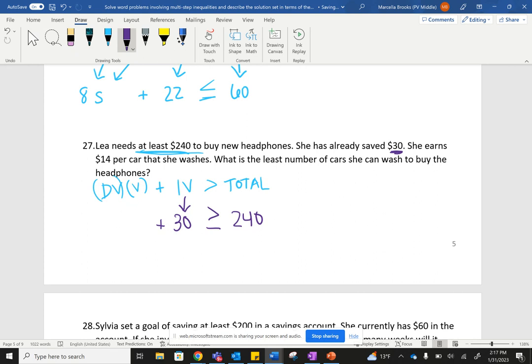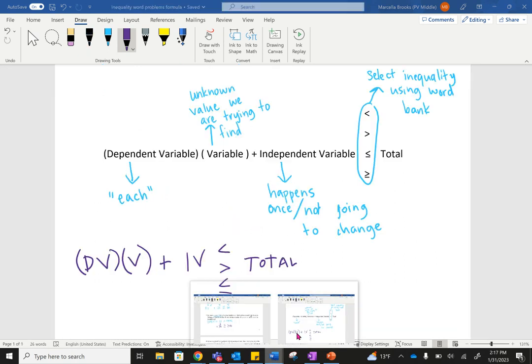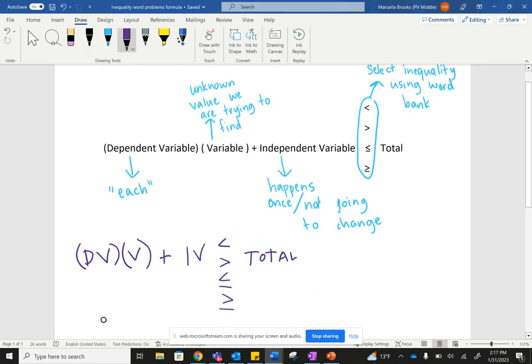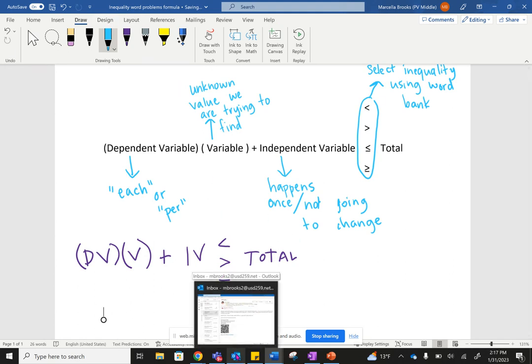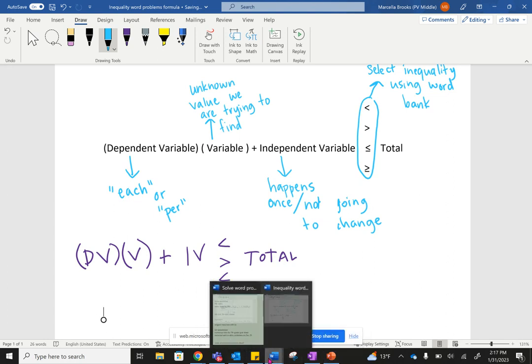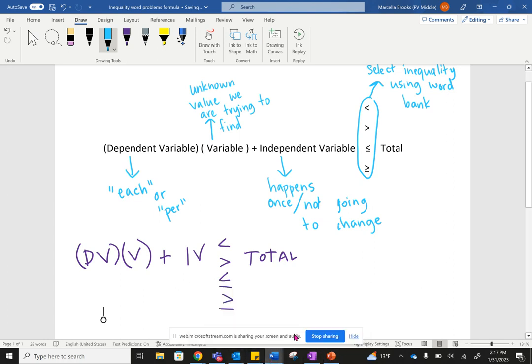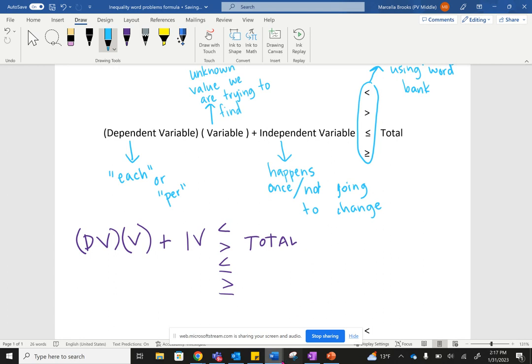She earns $14 per car that she washes. Okay, that's one thing we need to include in our notes. So let's go back to that half sheet. I said the keyword each. Let's add per. If we see $1 per pair or $1 per something, we need to write that down because that tells us that's the dependent variable.